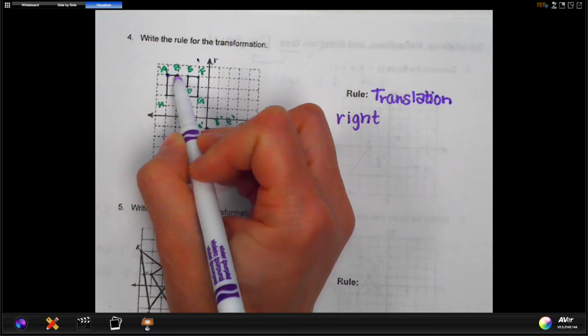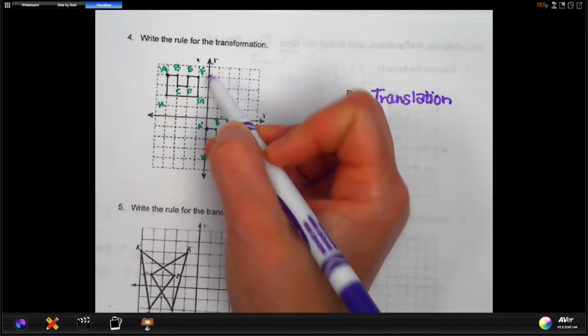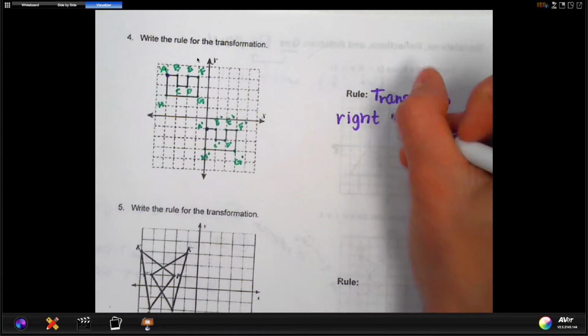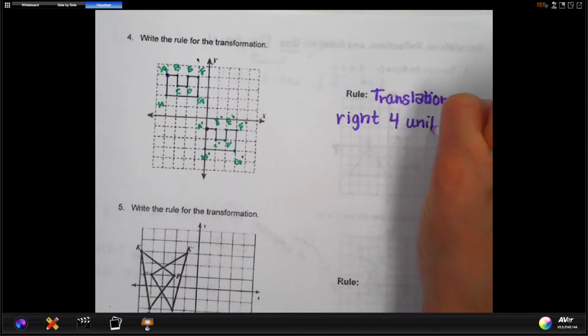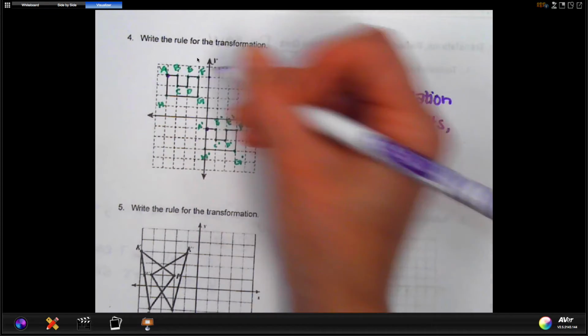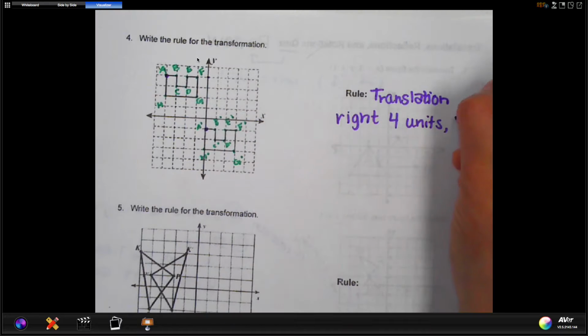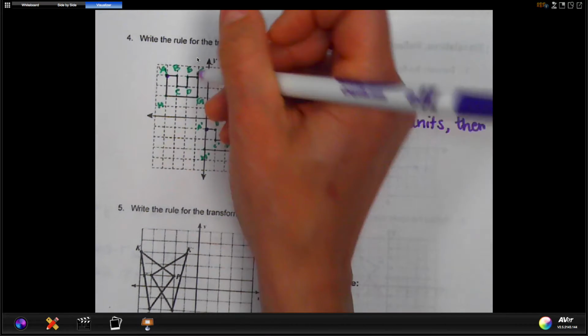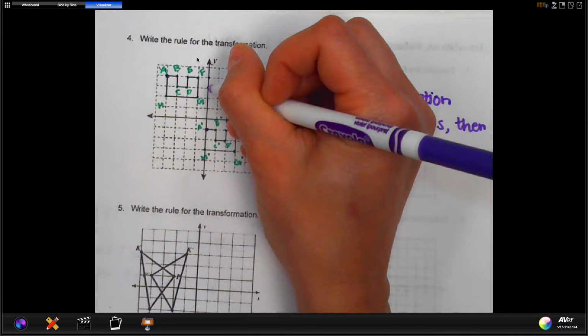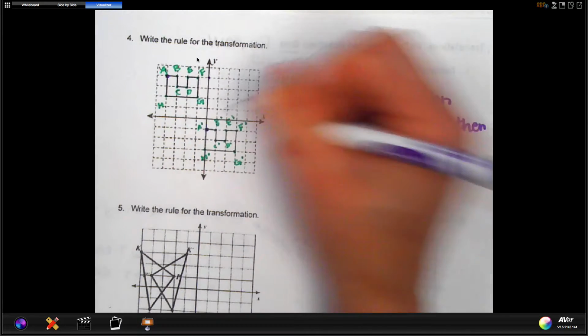So 1, 2, 3, 4 spaces right would get me on that same line. So 4 units. And then we're still not there yet. We would land right here. So we then have to travel down. And so down, how many units? 1, 2, 3, 4, 5 units.